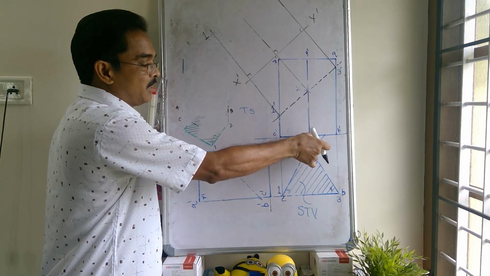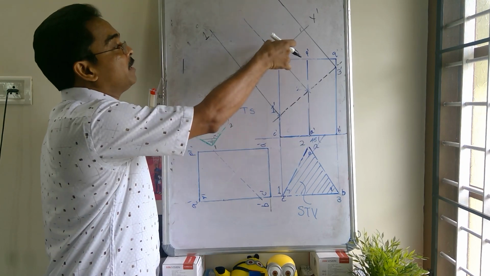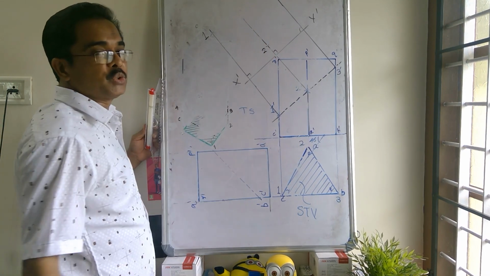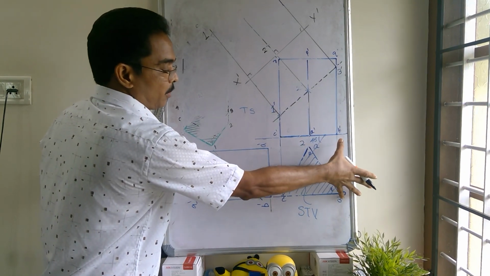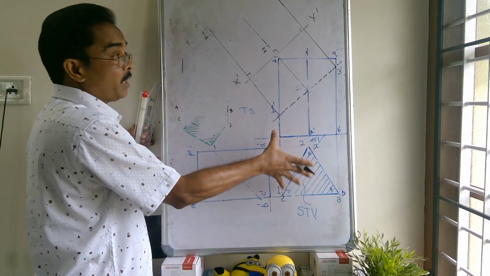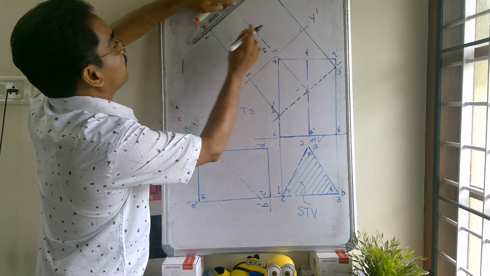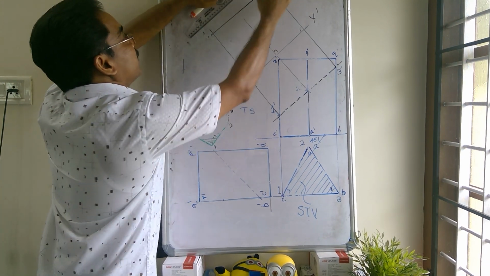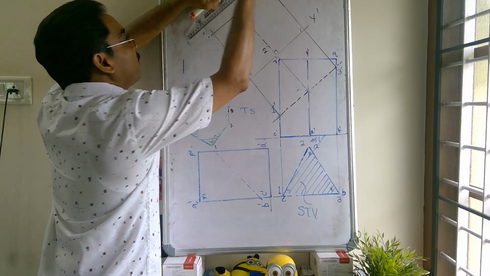Then 2 is at this much distance from the xy line, take that distance, cut it here, you will be getting 2. 3 is also equal to the same distance of 1, so I can mark. So this is the point 3.